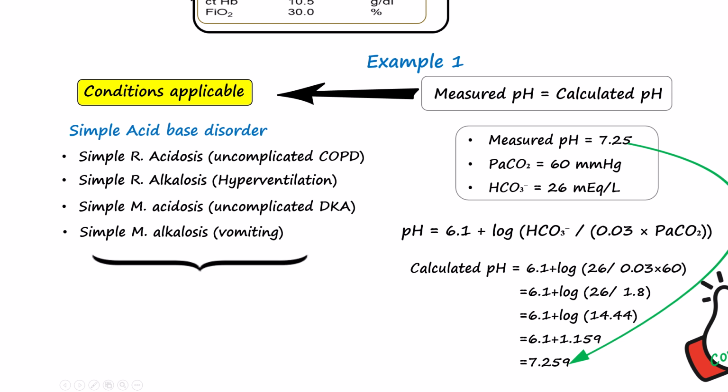In these situations, the relationship between bicarbonate, carbon dioxide and hydrogen ion concentration remains predictable, allowing the Henderson-Hasselbalch equation to accurately calculate a pH that closely matches the pH directly measured by the ABG machine.